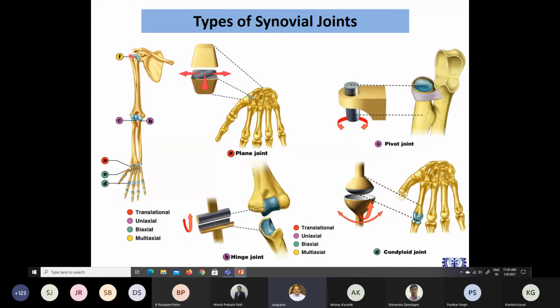Shoulder joint typically is a ball and socket, as you all know, and the hip joint as well. It's a ball and socket. And here are some of the examples where you can get to understand the similarities with the mechanical joints. The finger joints also have similarity with condyloid joints.